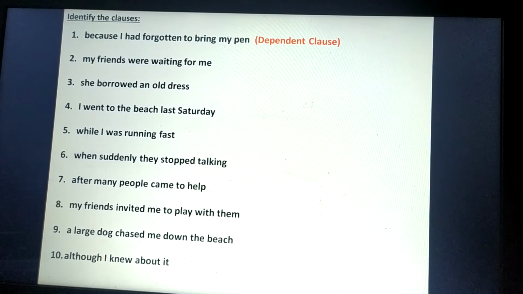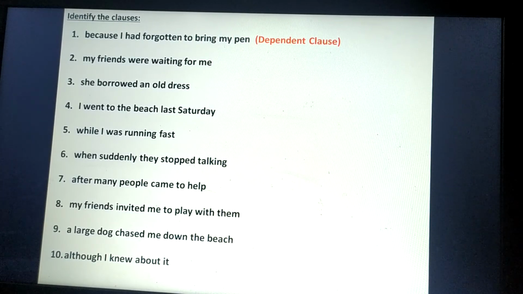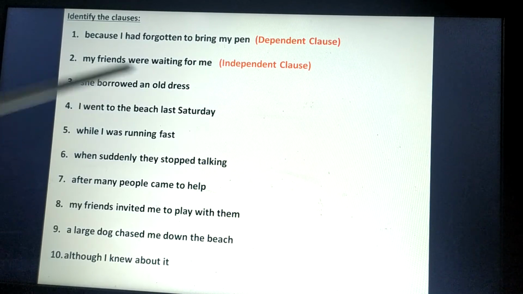Next is "my friends were waiting for me." Of course, it stands on its own and works as an independent sentence, so we can say it's an independent clause. Next, "she borrowed an old dress."